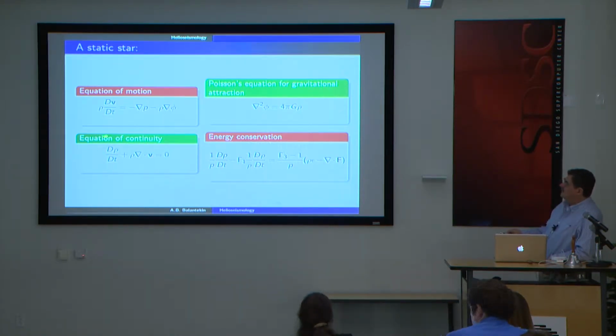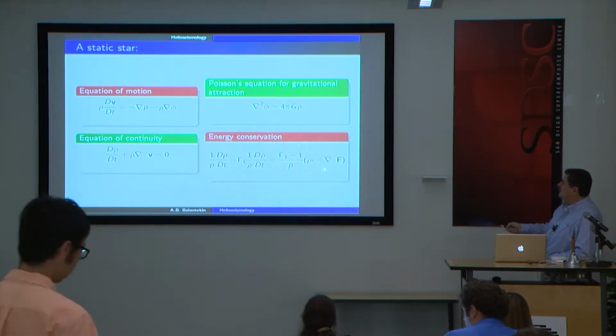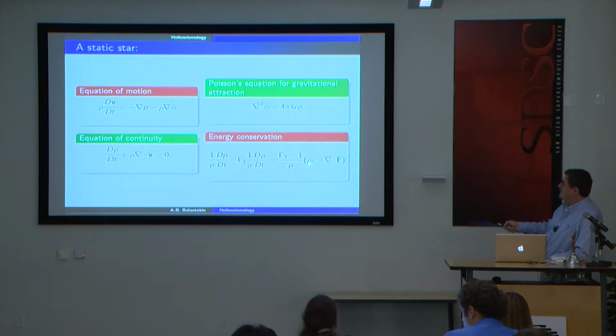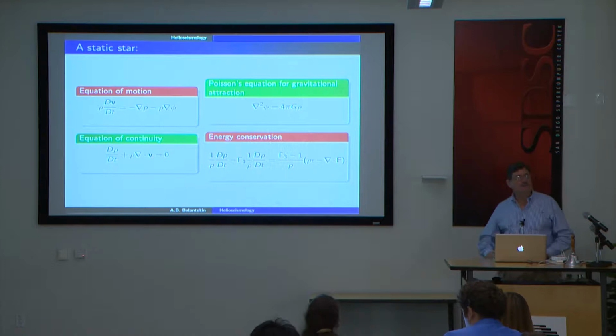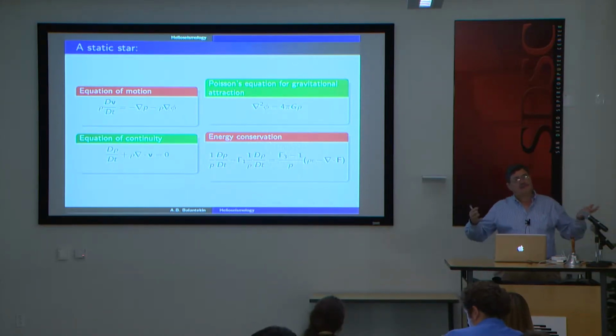And of course, since I'm writing hydrodynamics, hydrostatics, I have to include an equation of continuity. And finally, this is the conservation of energy that takes into account energy generation by the nuclear reactions and the flux produced by the nuclear reactions. So that is what the standard solar model is.